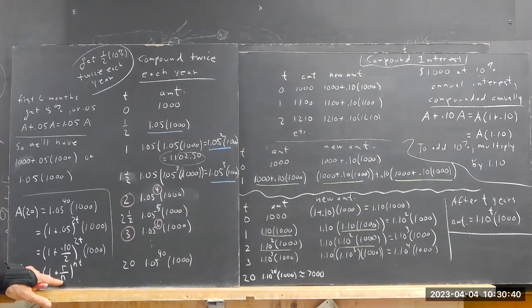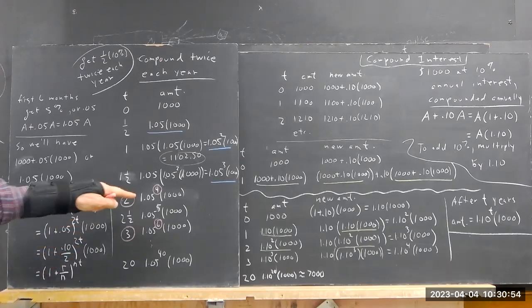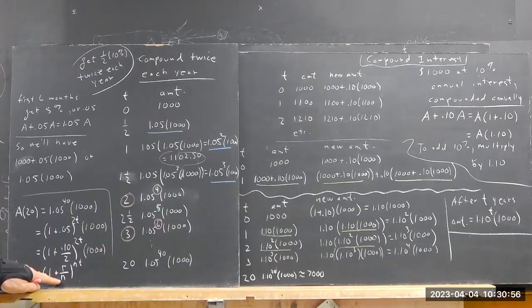If we compounded it 10 times a year, we'd have to divide our 10% by 10, wouldn't we? Okay, so whatever our rate is, in this case, it's 10%. In this example, N is how many times we compound it, that's 2. And what do we do with that? We divide our rate by N, and we raise that to the power NT because that's how many times we compound it.